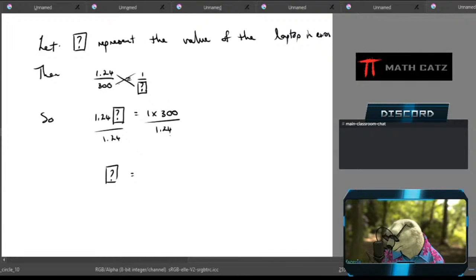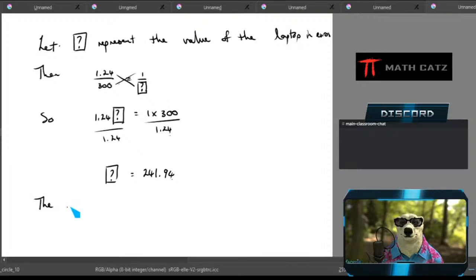Let's calculate this. 300 divided by 1.24. Oopsie, random line. Let's just check. Did I do that right? Yeah. I have to be careful to not let my rants get too long, get too excited about this. I just rounded right away because this is my final answer.